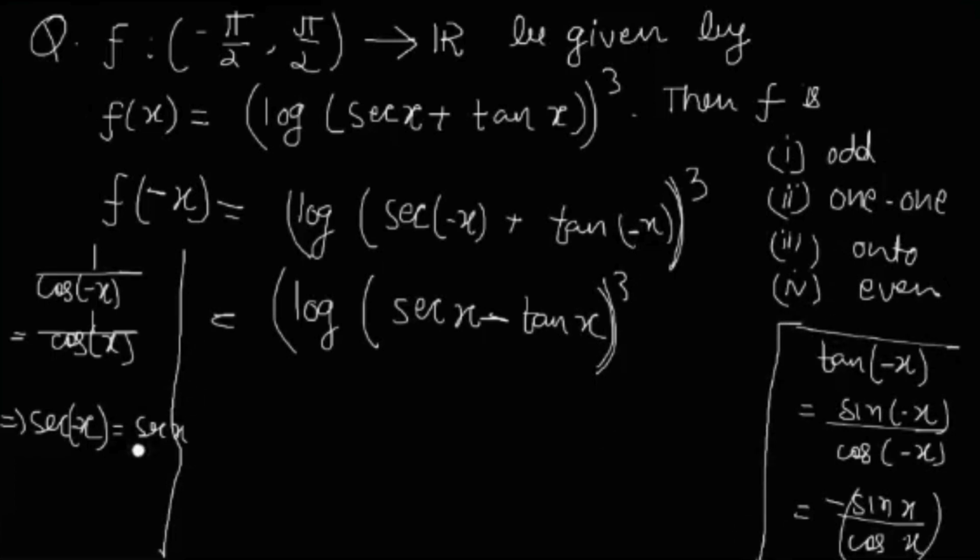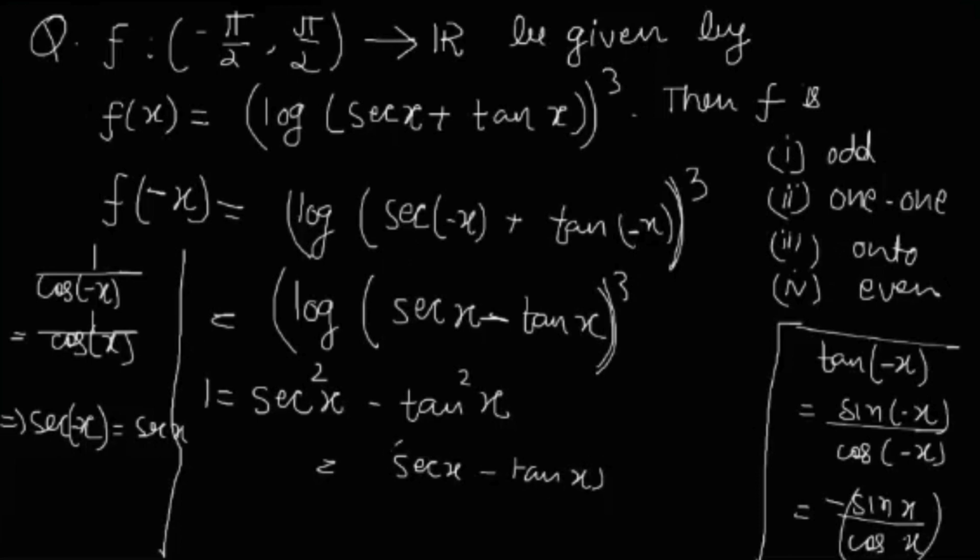Okay. Now, just an observation. What is sec square x minus tan square x? It is 1, and this is nothing but sec x minus tan x into sec x plus tan x.